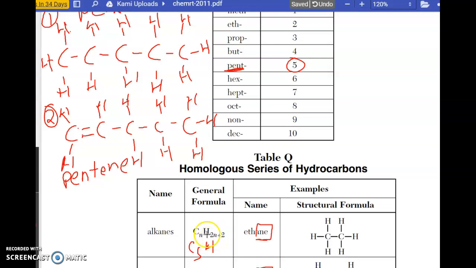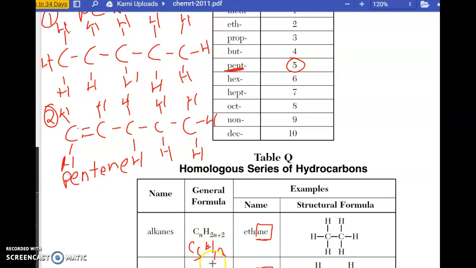N was 5 because you had to count how many carbons there were. So we know N is the number 5. It's kind of like X, it could be any number, but in this case we figured out that it was 5. So for the hydrogen, you're doing 2 times 5, because you assigned 5 to N. 2 times 5 is 10, plus 2 gets you 12.